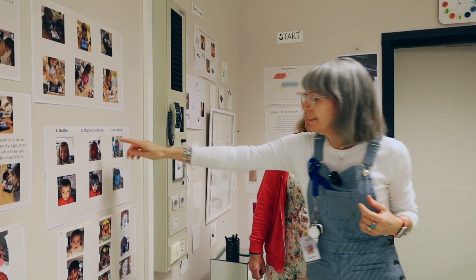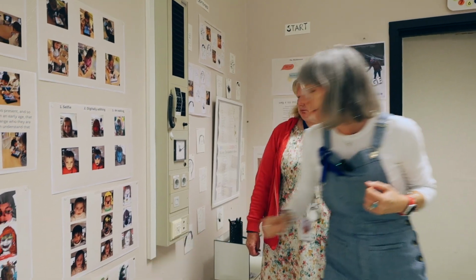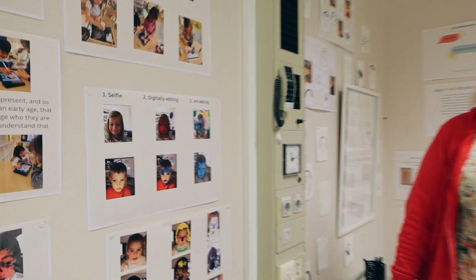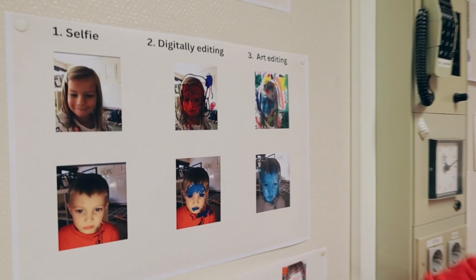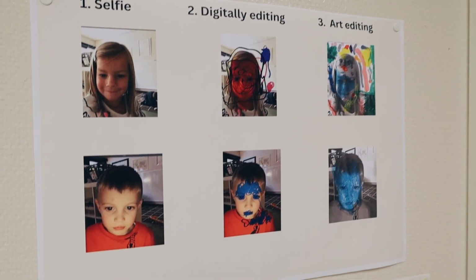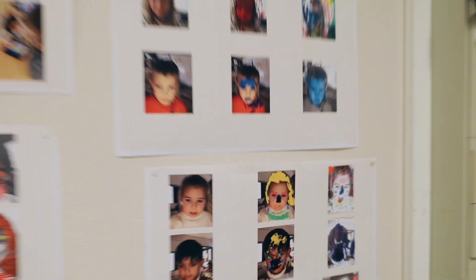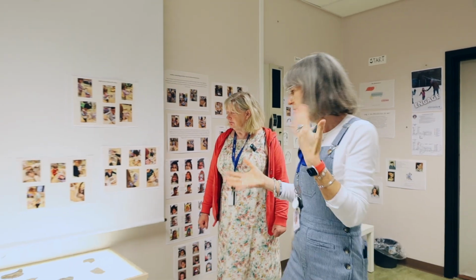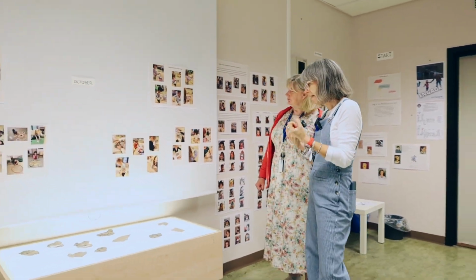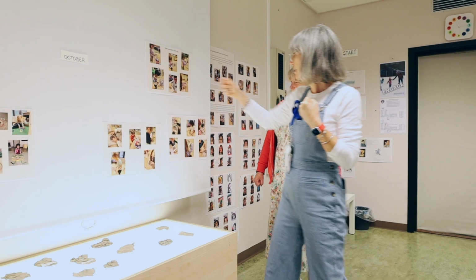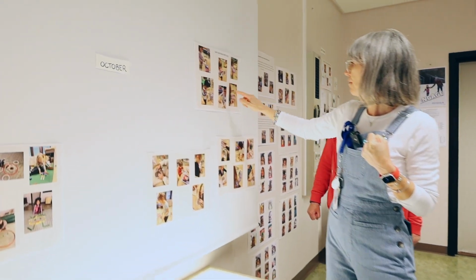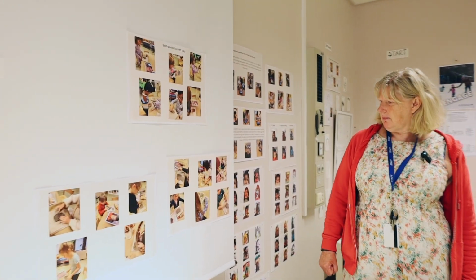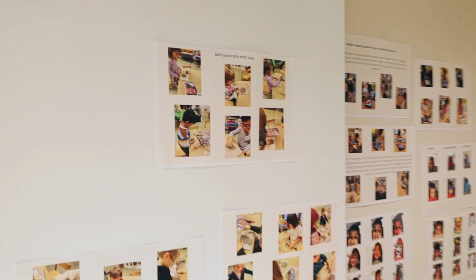So they edited their self-portrait digitally. Then they edited with art using pens and crayons and anything else they could find in the classroom. After that, we gave them some clay, and we printed their selfies, and they naturally made the self-portrait using clay.